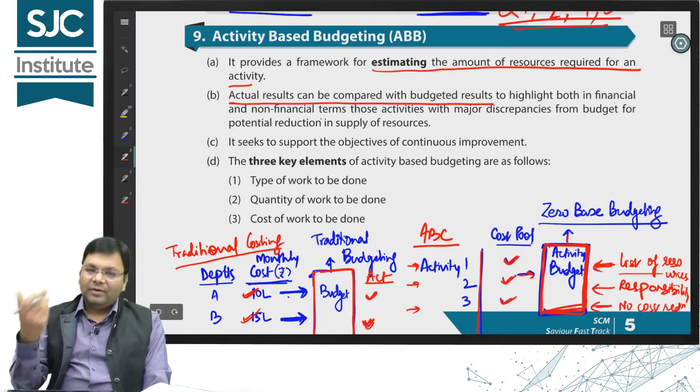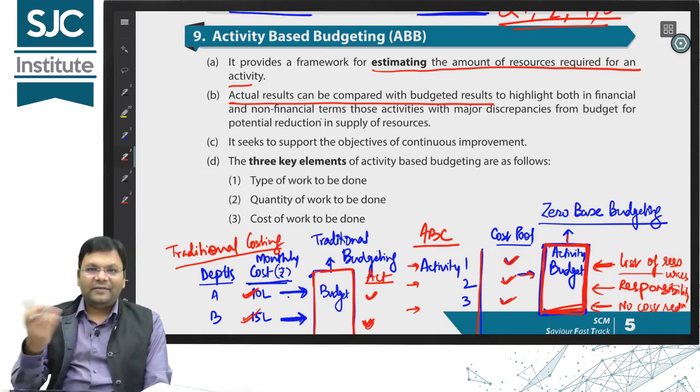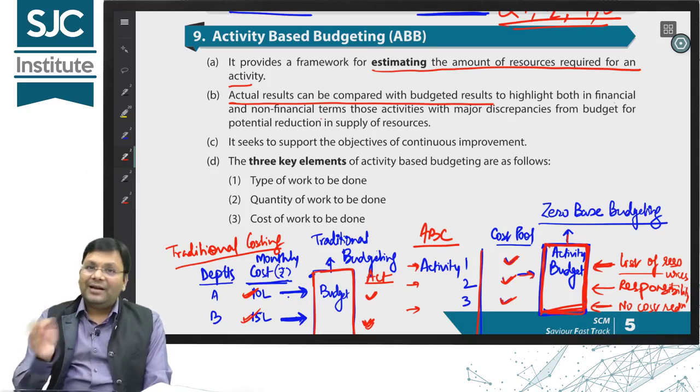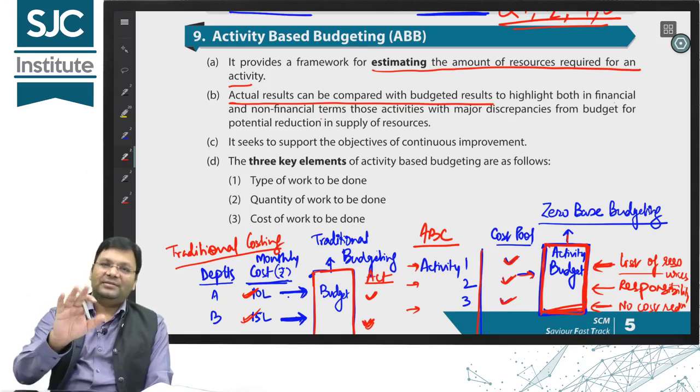It can be due to some financial extra cost you have incurred. Say instead of 10 lakh, you incurred 11 lakh, that is the financial deviation. Extra 1 lakh has gone. But if instead of 10 lakh, you have incurred 9 lakh, you have saved 1 lakh, but because of that saving, you have lost your goodwill or quality, then you have a non-financial deviation.